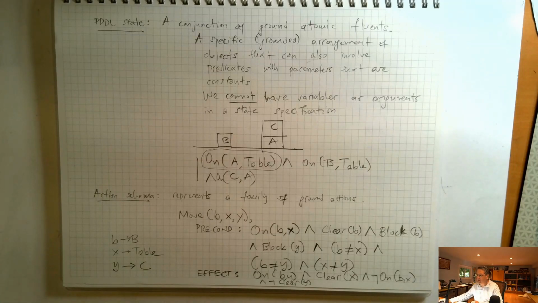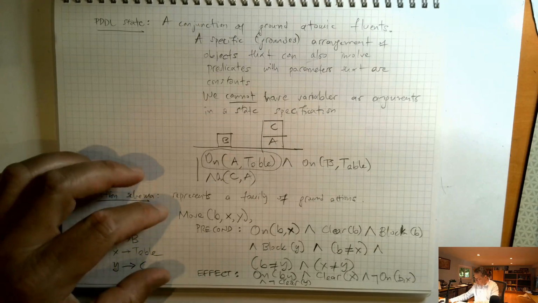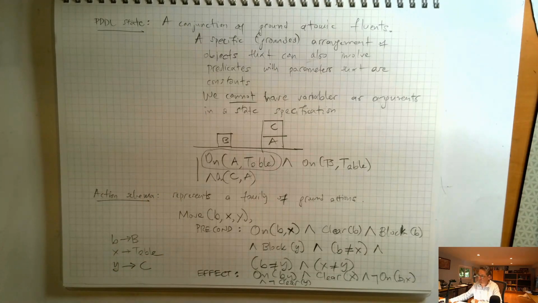Okay, so that's basically the effect, and this is the whole specification of an action schema. Fairly generic. It does allow us to very compactly describe the precondition and the effects, and therefore determine what will be the state of the system after this action is taken.